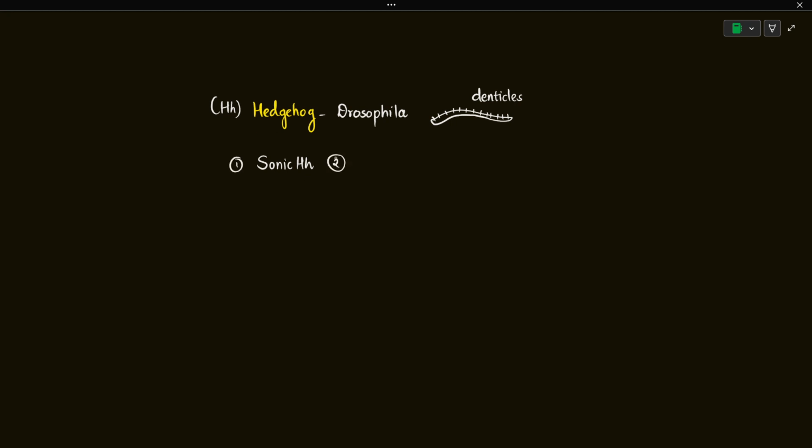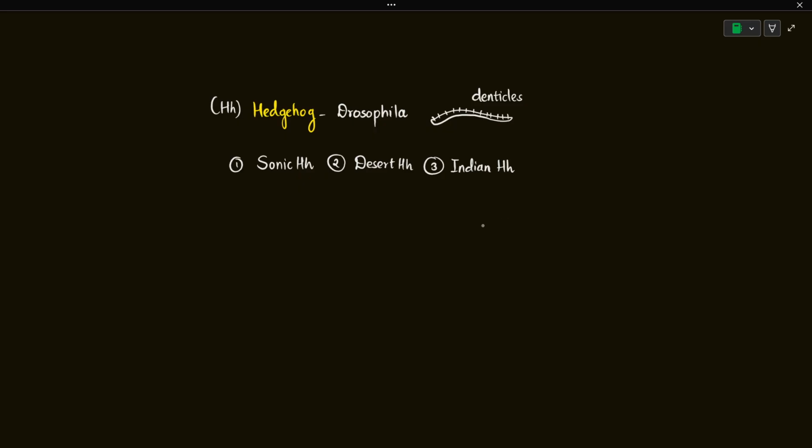The other type of hedgehog protein is Desert hedgehog, and the third type is Indian hedgehog. This Sonic hedgehog gene is going to encode the Sonic hedgehog protein. So these are the three different types of hedgehog proteins that can be seen in vertebrates.